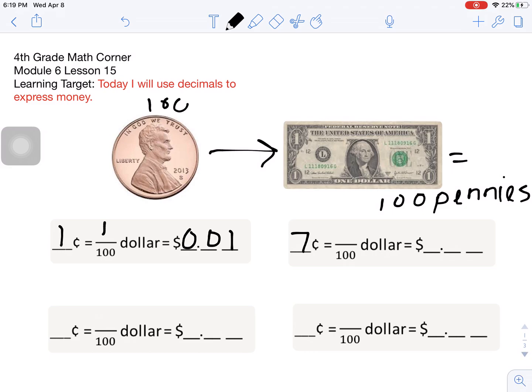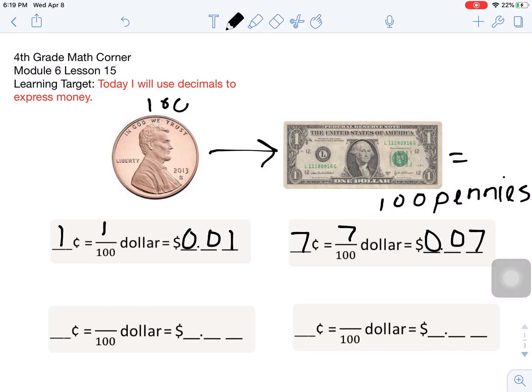If I wanted to say 7 cents, 7 cents is 7 out of the 100 pennies that it would take to make $1. So it's 7/100ths of a whole dollar. If I wanted to write this as a decimal, I would say no dollars, no tenths, and 7/100ths of $1.